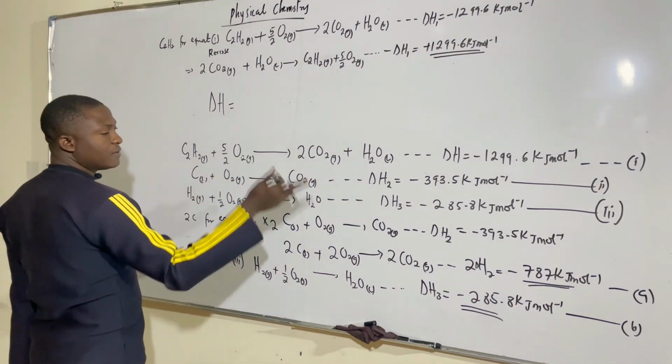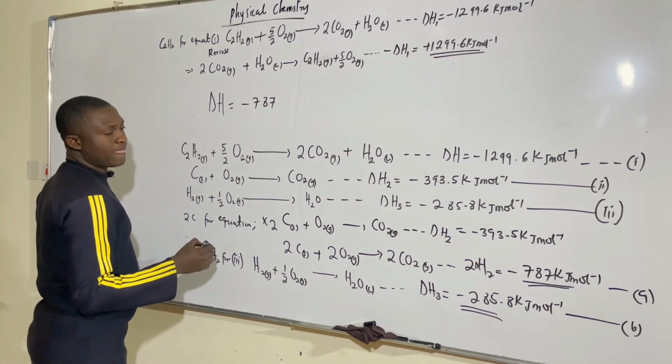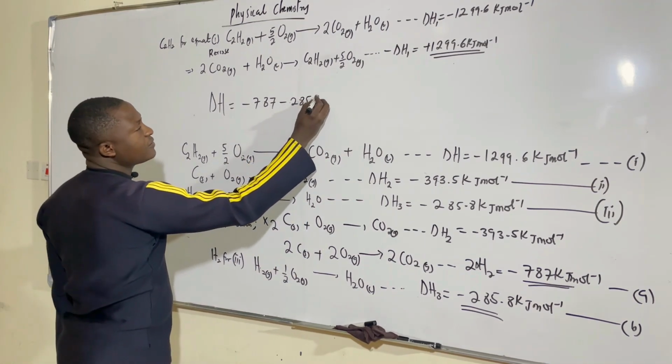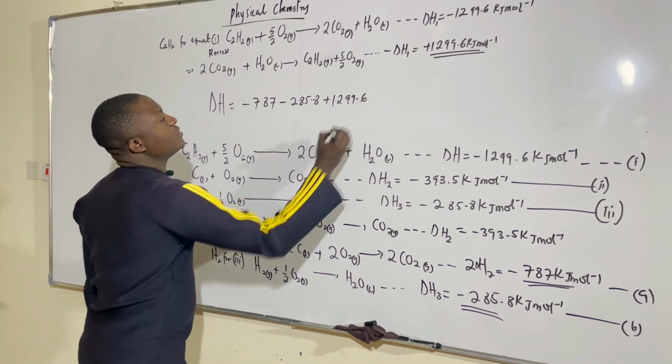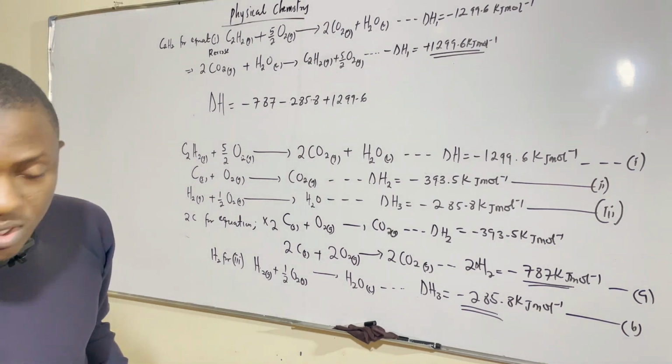So now the first one we have is minus 787. The second one we have is minus 285.8, and the third one is 1299.6. Even if all are positive, you add them together. So let's see the result with the calculator.